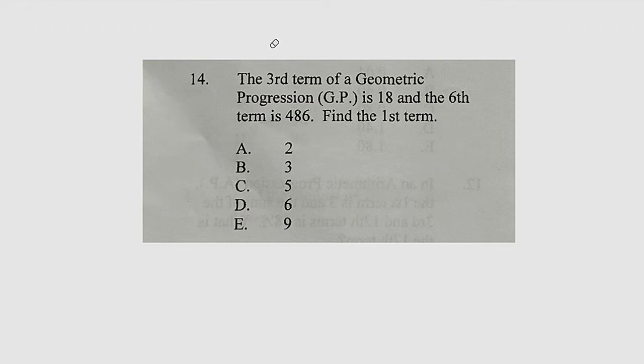Question number 14 reads, the third term of a geometric progression sequence is 18, while the sixth term is 486. We are asked to find the first term. First term, which is term number 1, is denoted by A. Then term number 3 is given by AR to the second power.